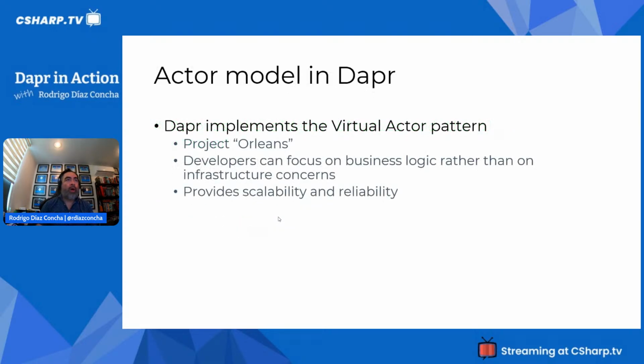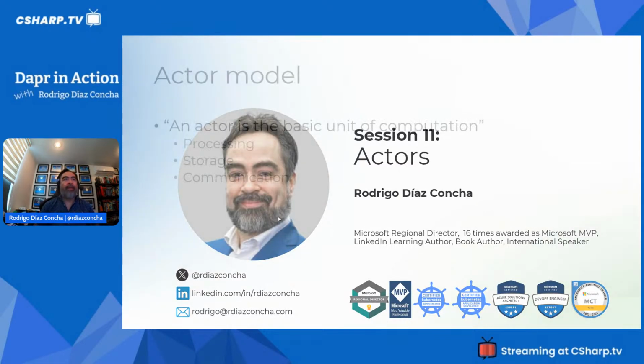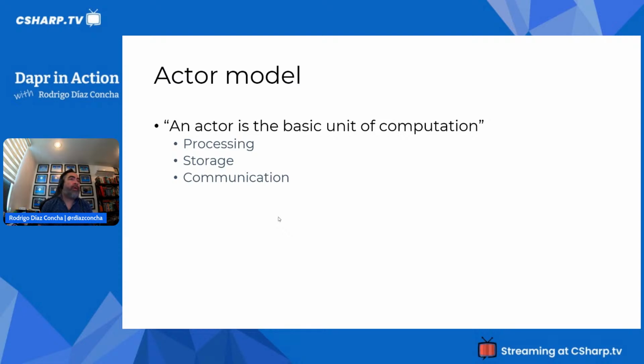Awesome. What in the world are actors in the context of distributed computing? So actors come from the actor model that was created many years ago, like in the 70s. And this is just the theory, the actor model, okay?